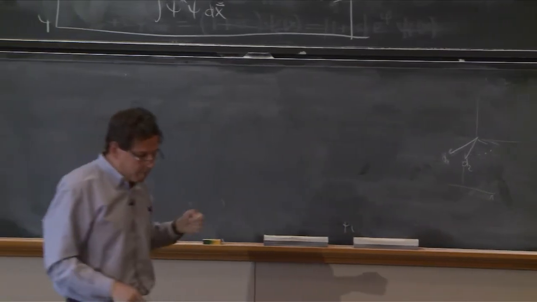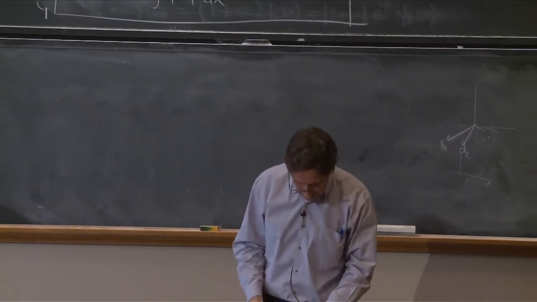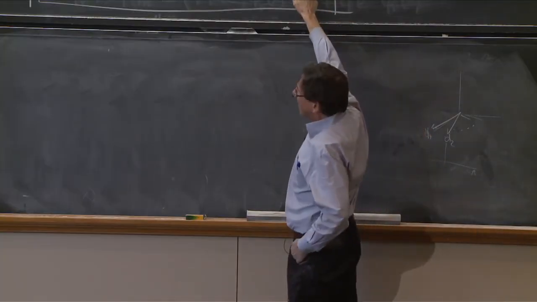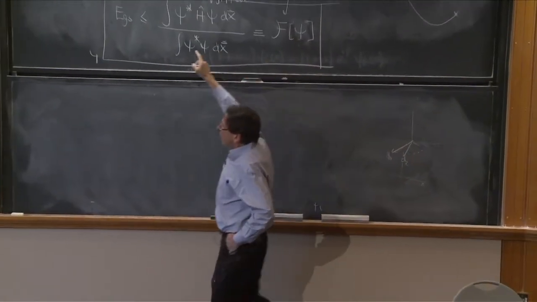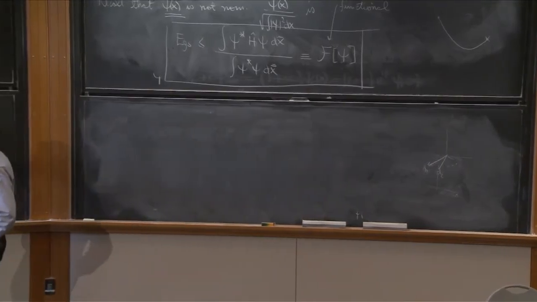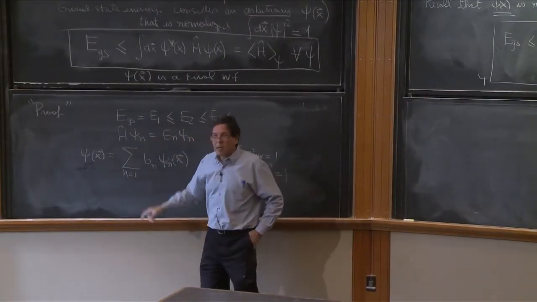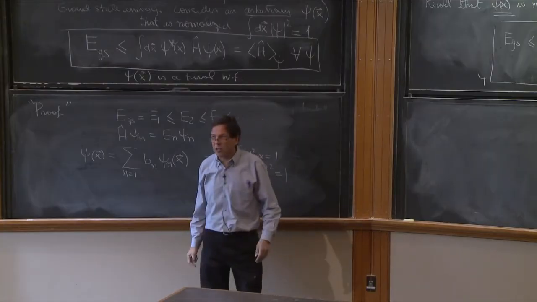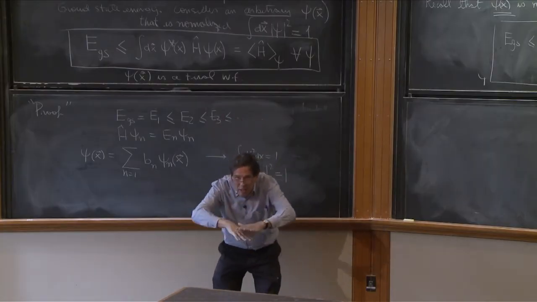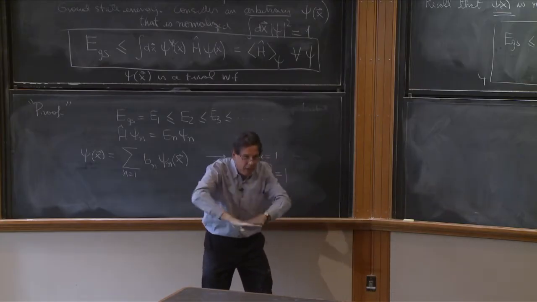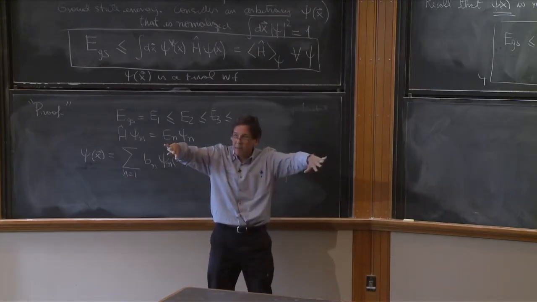Something that you will prove in the homework is that actually it's even more. Every single eigenstate is a critical point of this functional. So you got the lowest energy state, and in that infinite dimensional space, in every direction that you move, you go up.